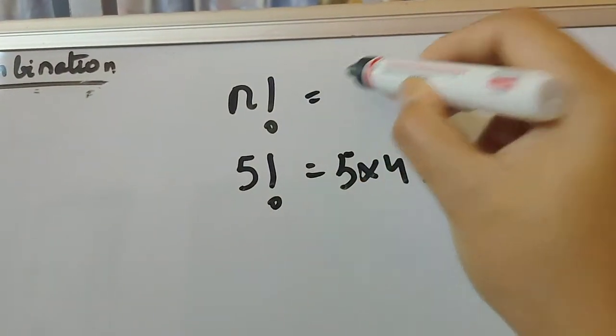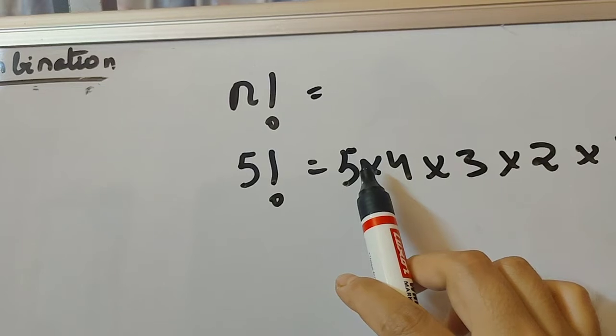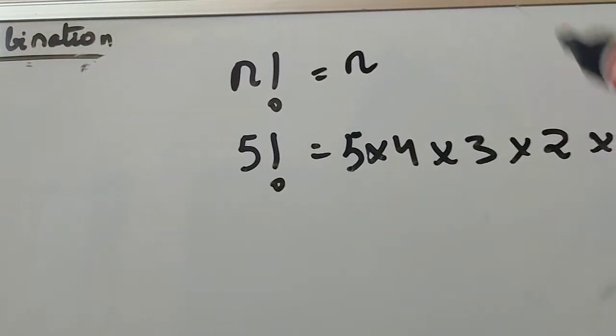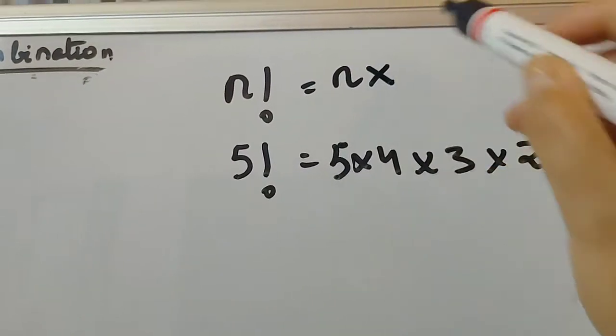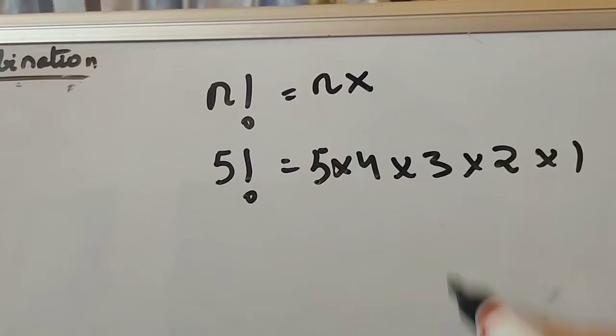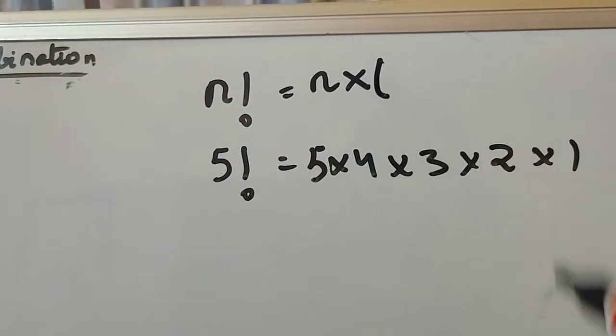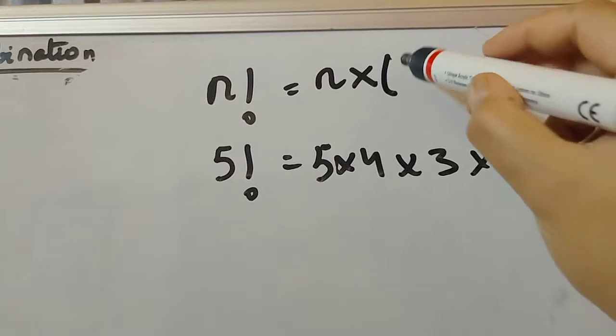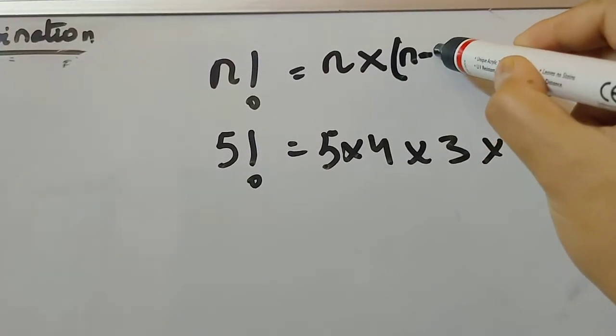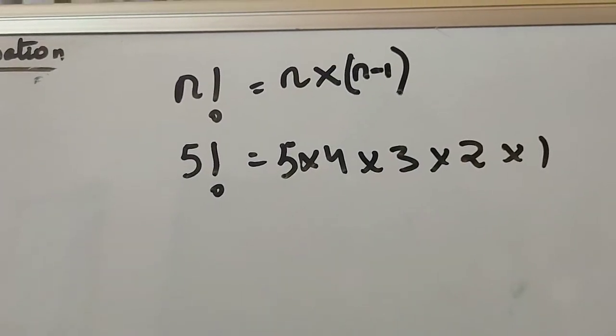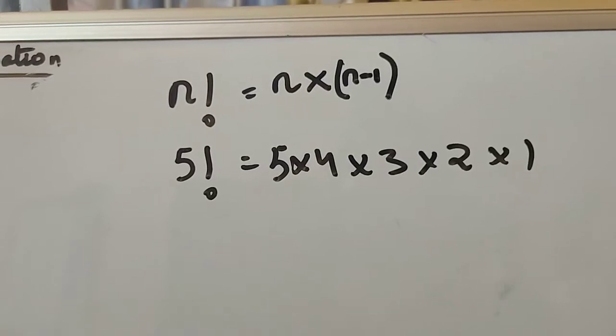Your n factorial behaves like 5 factorial: 5 came here, so n will come here, into the next term, which is n minus 1. Every time it is 1 less.